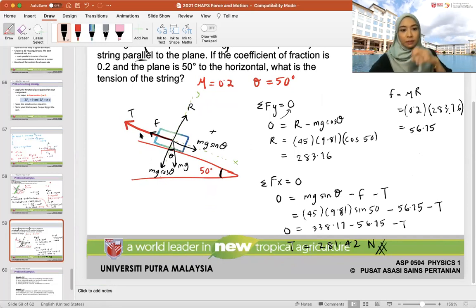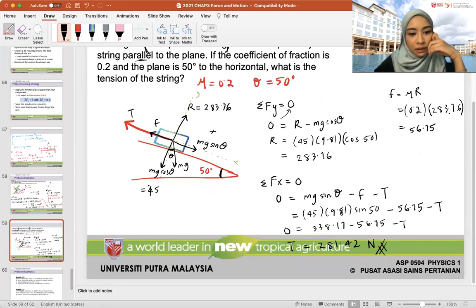Okay, so kita dah dapat semua jawapan ni. Let's try to make sense of it. So what is going on here? So we have R is equal to 283.76. mg cosine theta is 9.81 cosine 50, which is the same, 283.76.